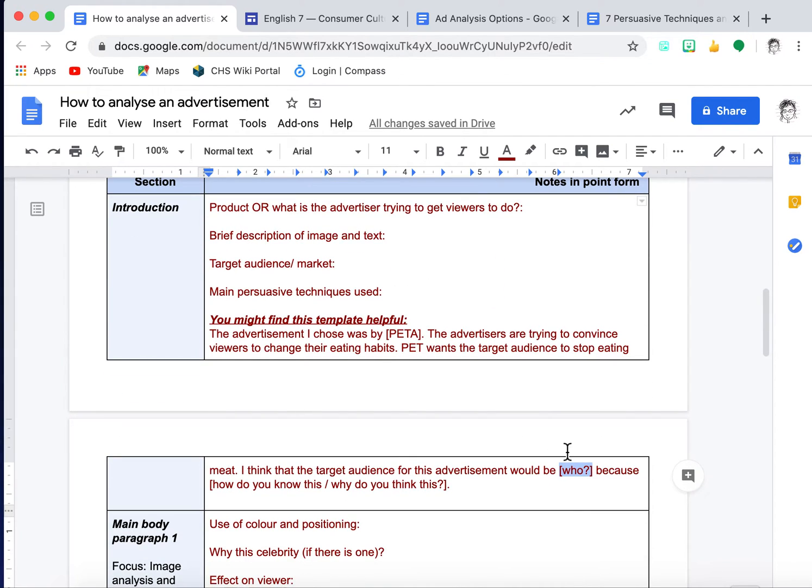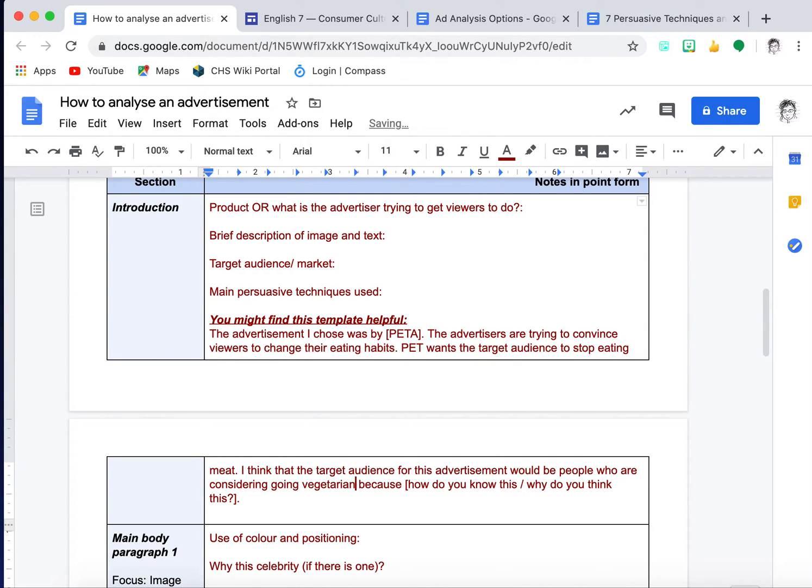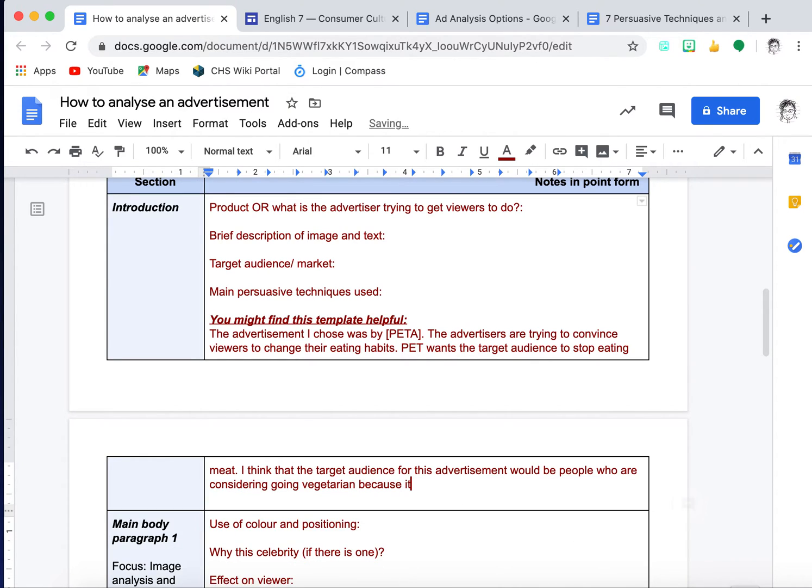So you might have said that the primary audience or target market for this ad would be people who are considering going vegetarian. And the reason we know this is because the advertisement is gentle in tone. You know, it's not telling anyone off per se. It's really more inviting. You could say gentle and inviting in tone.